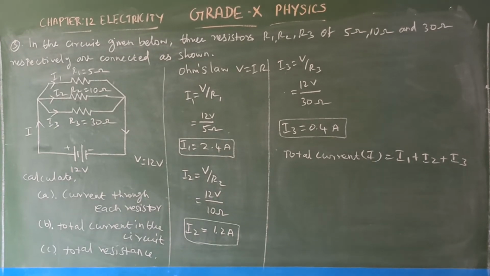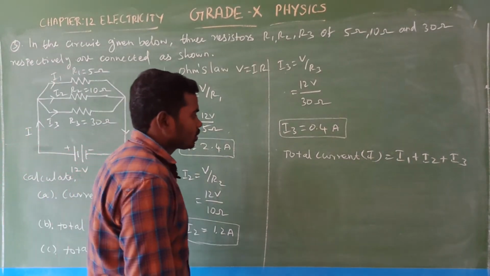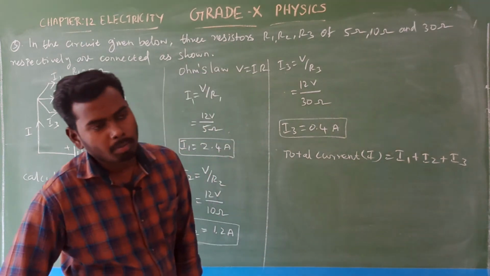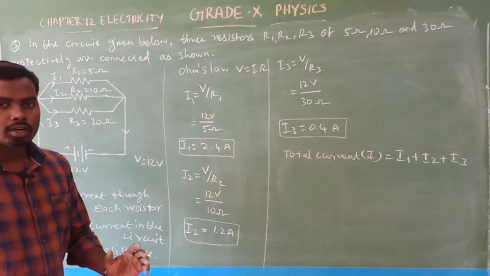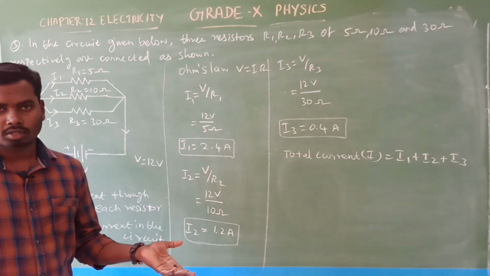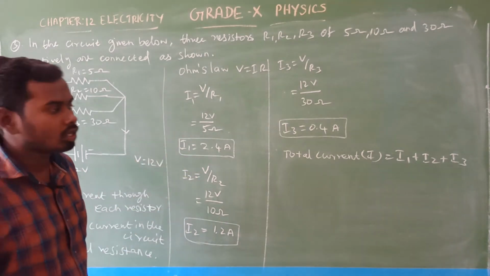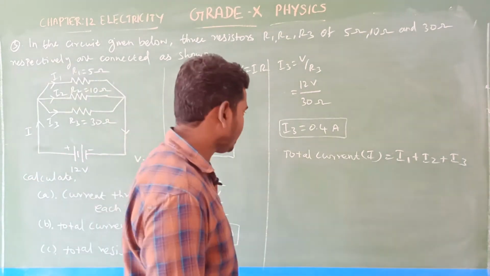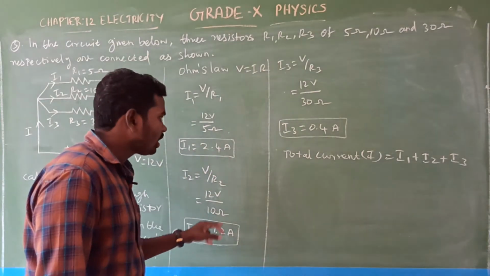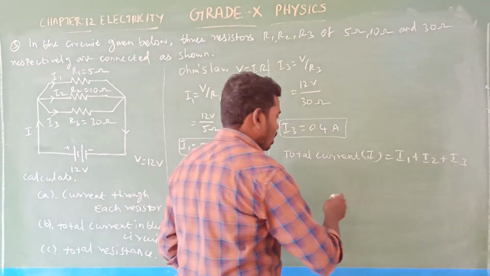So in parallel, the total current I is equal to the sum of the current flowing through each resistor, which means I is equal to I1 plus I2 plus I3. We already know the I1, I2 and I3 values, so add all these values.